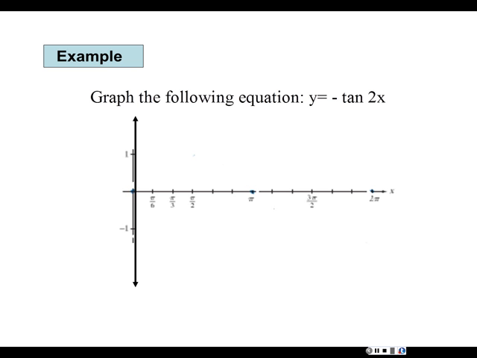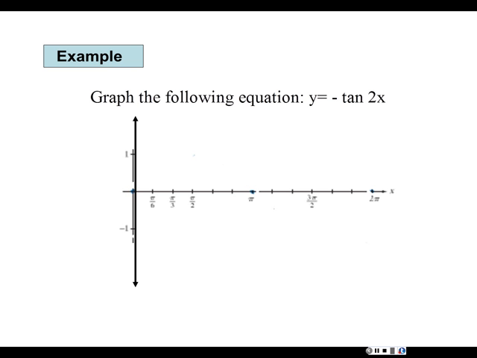Now you already got the asymptote. Let's draw two vertical lines here. Okay, so this is going to be the center. Now what is A here? 3.